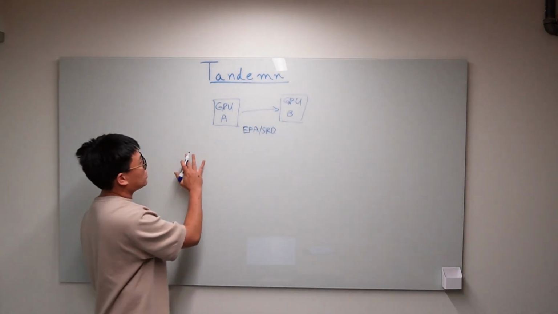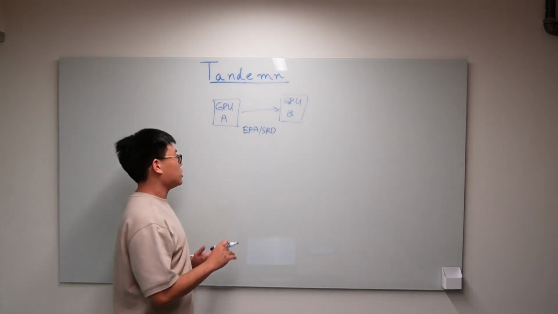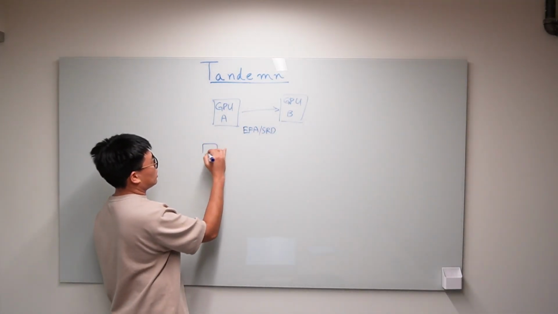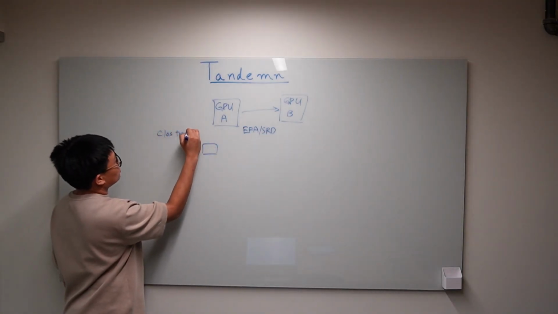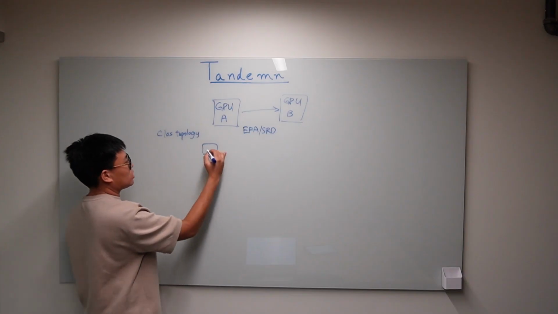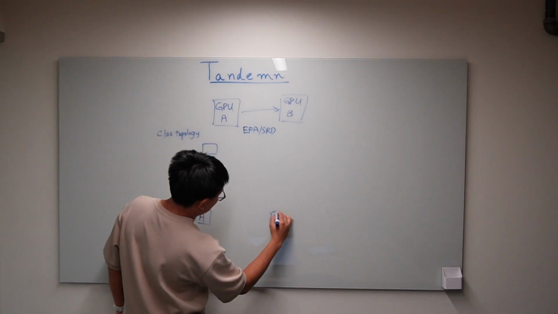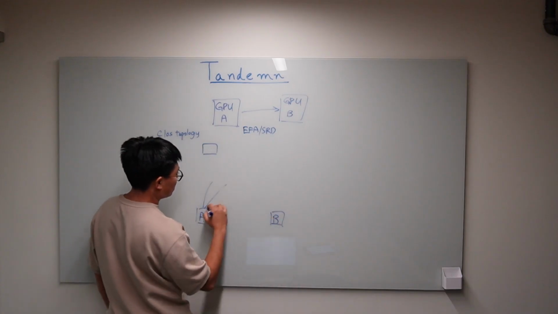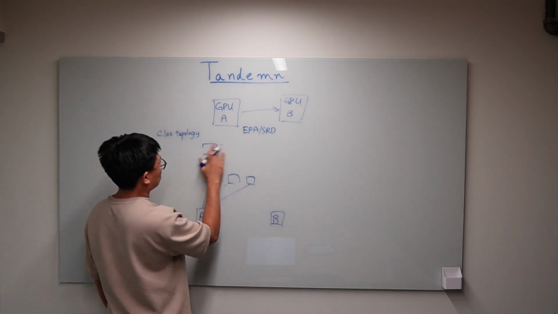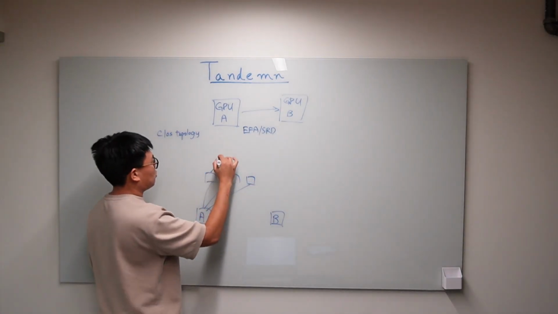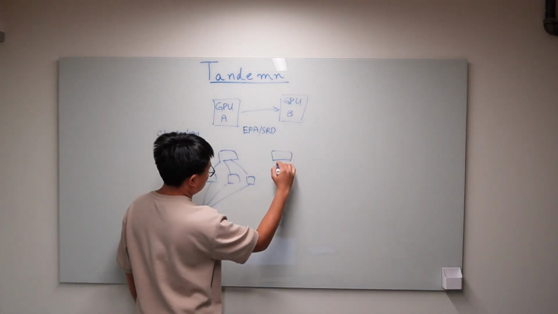In data centers, AWS claims to use a Clos topology, where between two nodes A and B, they're actually connected to a bunch of switches, which are then connected to more switches, right?